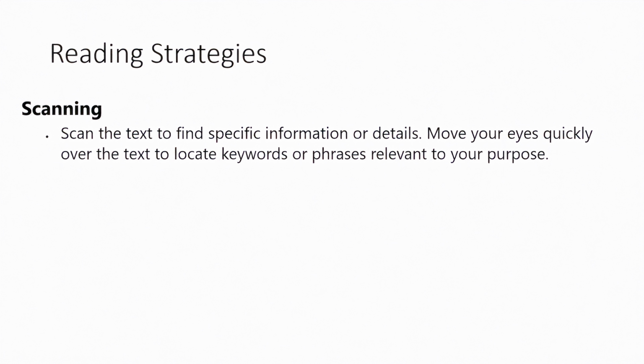Next one is scanning. Scan the text to find specific information, details, moving eyes quickly over text to locate keywords and phrases relevant to your purpose. So this is a comparatively more detailed strategy. In this strategy, you go for some information, so go for details and try to find the keywords. Suppose your topic is about health, so you will focus on words related to health.